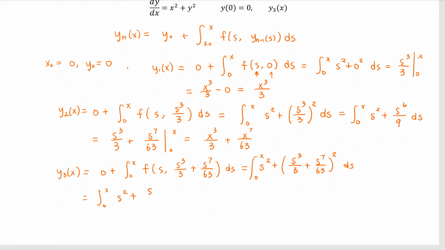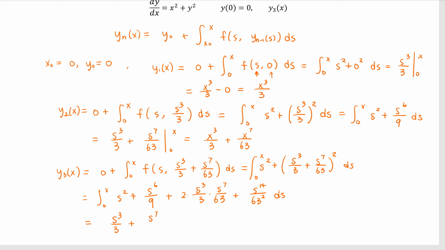So that's s cubed over 3 squared, that's s to the 6 over 9, plus 2 times s cubed over 3 and s to the 7 over 63, plus s to the 7 over 63 squared, which is s to the 14 over 63 squared, ds. What is that? Well, the integral of s squared is s cubed over 3.